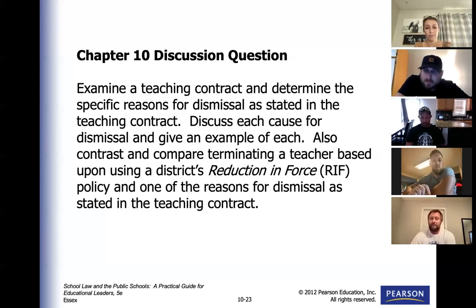These terminations weren't, and that's the compare and contrast part, about your performance. It's all about, we can't afford to have you, or there's not enough students, or it's financial. And the due process that goes with that, I read, is a little less strict because it's not based on performance.